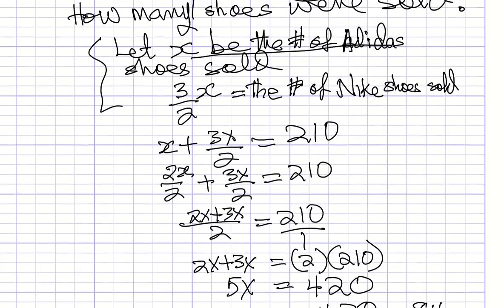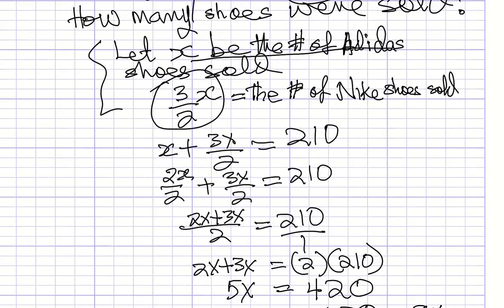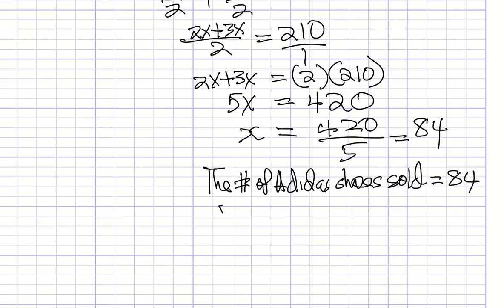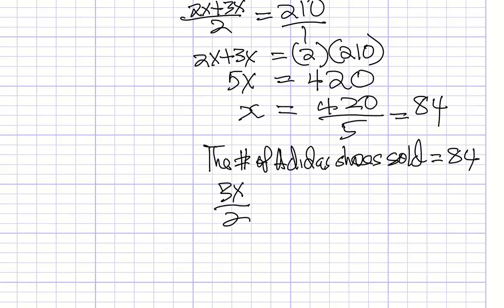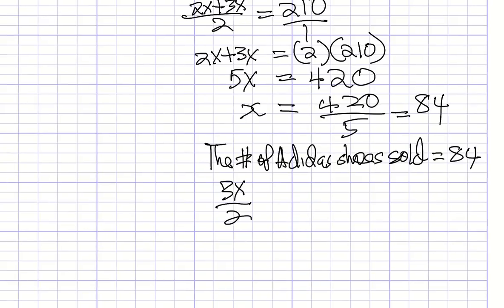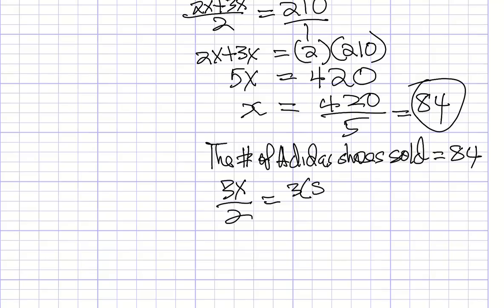And because we stipulated that 3x over 2 represents the number of Nike shoes sold, if we substitute this value of x, we get 3 times 84 over 2.